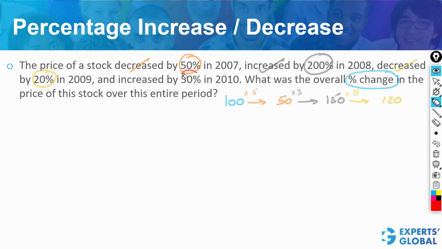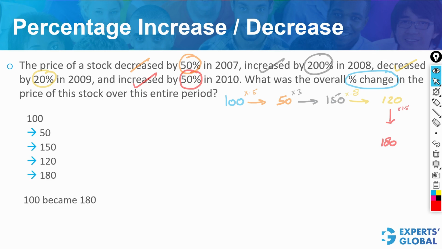Next, a 50% increase, so 120 becomes 180. So we see 100 became 50, became 150, became 120, became 180. Overall, 100 became 180. Therefore, overall, there is an 80% increase in the price of this stock over this entire period.